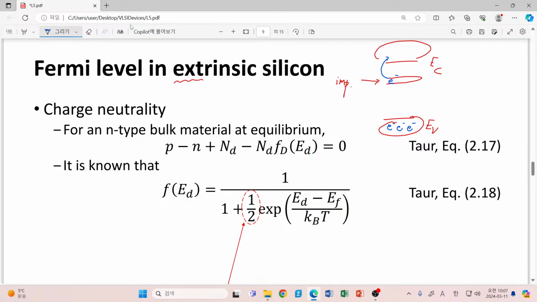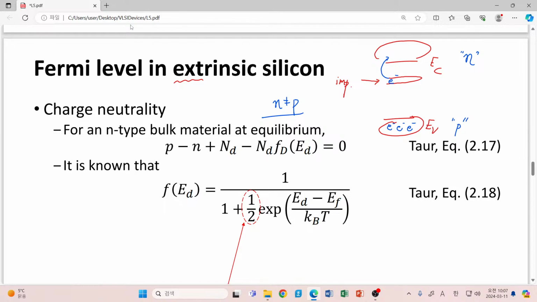Then now we can say, although we can have a certain conduction band electron, but since it is not originated from the valence band electrons, so in general there is no guarantee that electron density equals hole density. So there is no such a condition for extrinsic silicon.